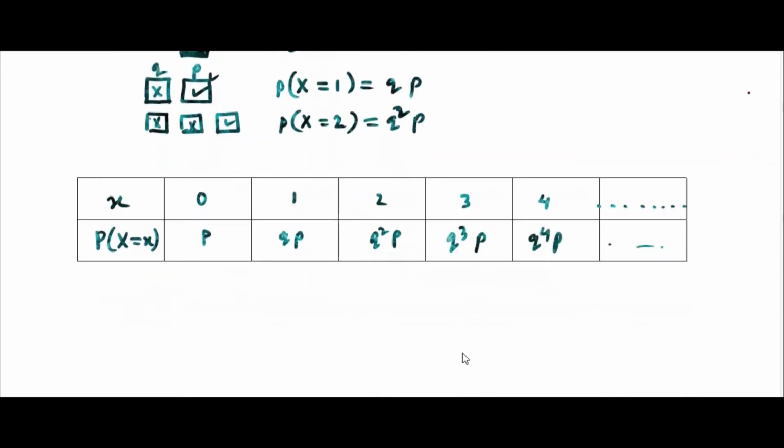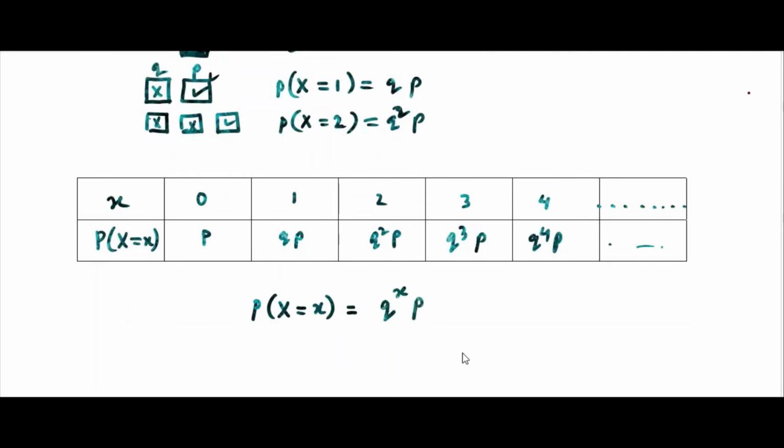Now if you write a formula for this, the formula will change now. You tell me a formula for which you will get these probabilities. If you put 0 in x, you should get P. If I write Q power x minus 1 P, then there will be a problem.